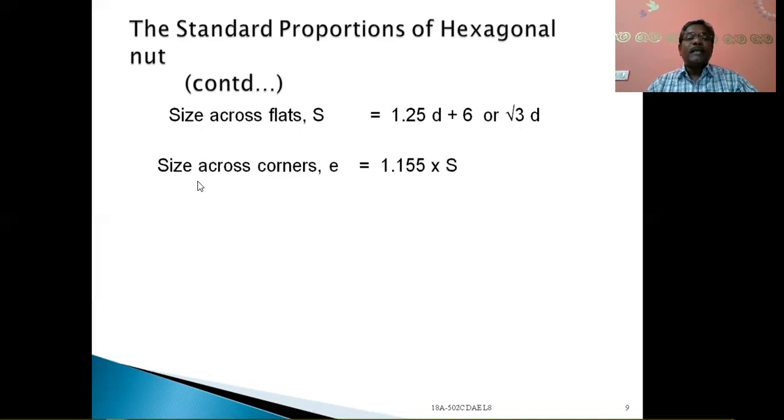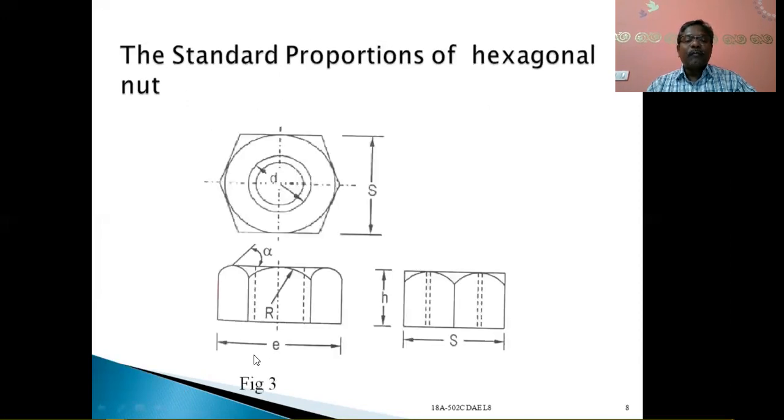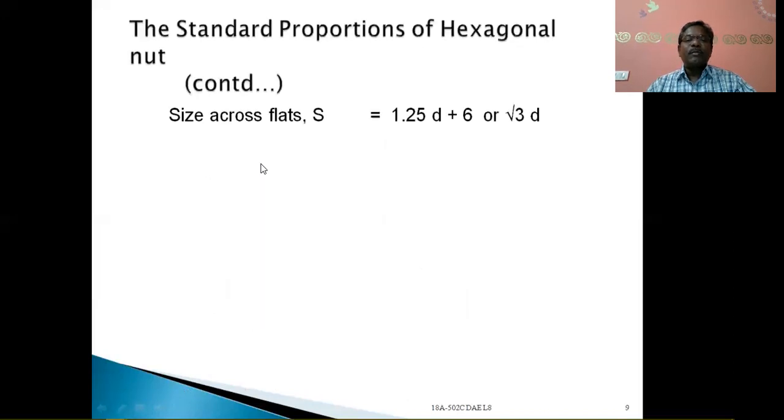Next is size across corners E. It means you can see from this corner to this corner, or here to here, or here to here. And what will be the size? This is also something you must remember.